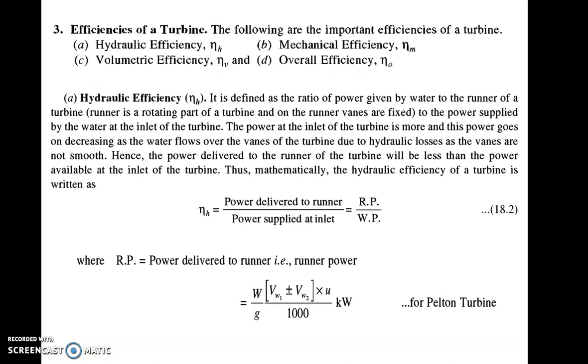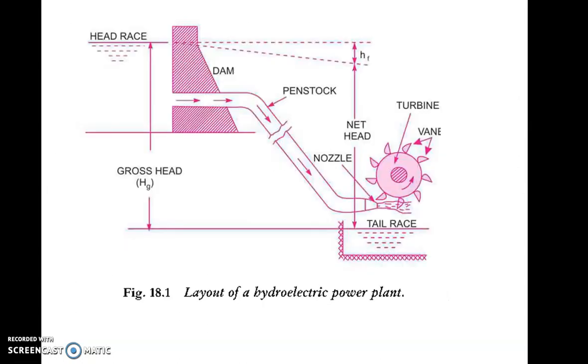Next, efficiencies of a turbine. To understand efficiencies, you should understand what the input and what the output for a turbine is. If you see this diagram carefully, the water coming inside the penstock and flowing through to the outlet of the nozzle, the potential energy is converted to kinetic energy.